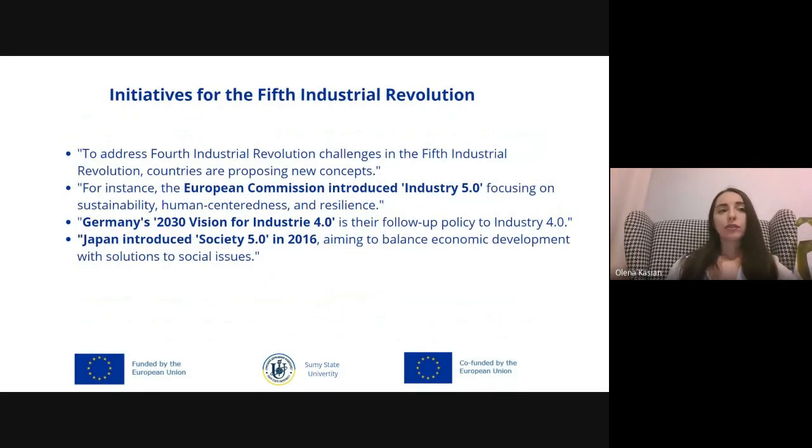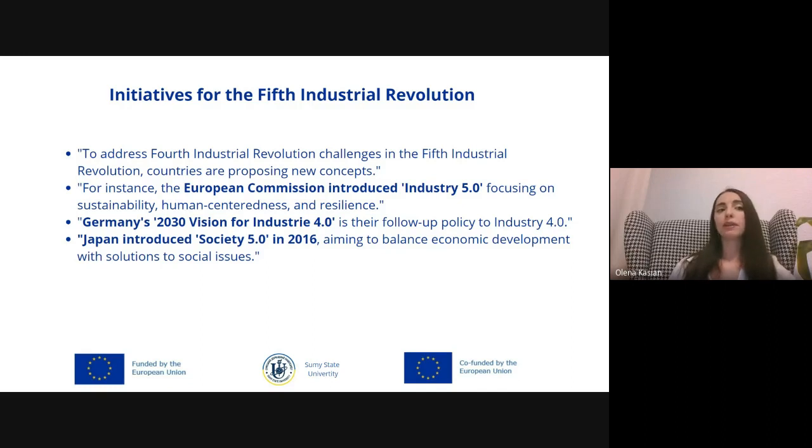Fifth industrial revolution initiatives by countries around the world. In order to resolve the issues of the fourth industrial revolution, deeper and broader concepts are being advocated in the fifth. Various countries have already announced, one after another, new concepts for realizing a fifth industrial revolution, following on from the fourth one.